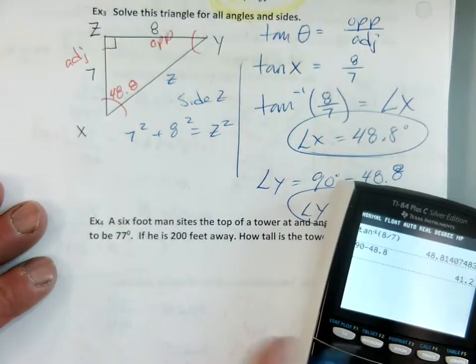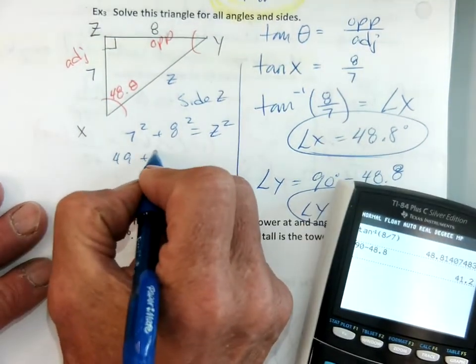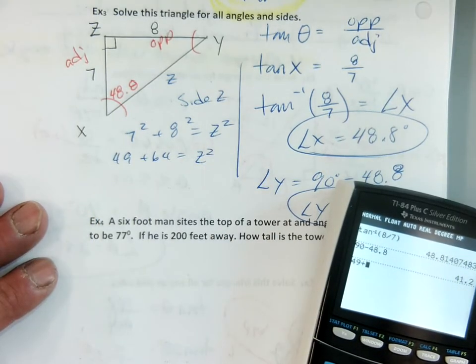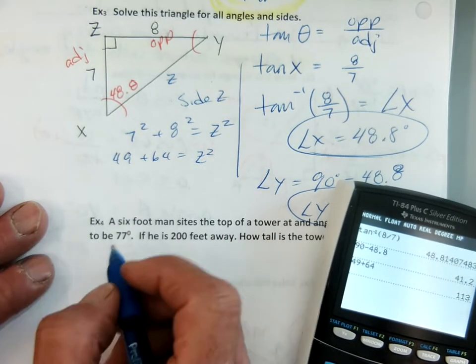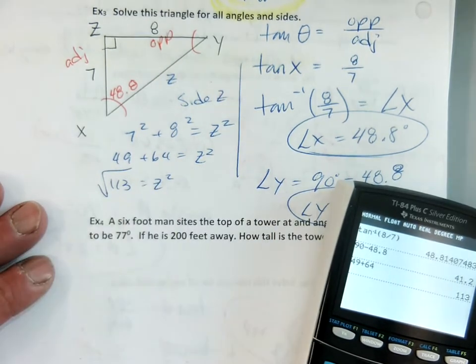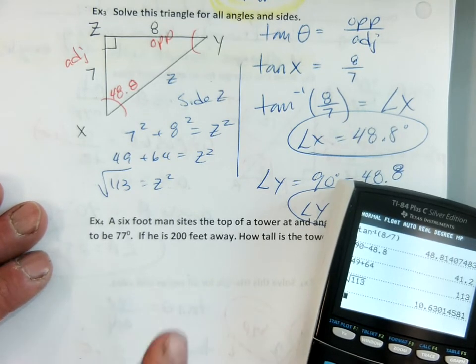And then I've got 49 plus 64 equals z squared. 113 equals z squared. Square root of 113 is about 10.6.